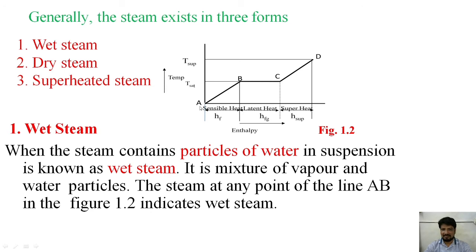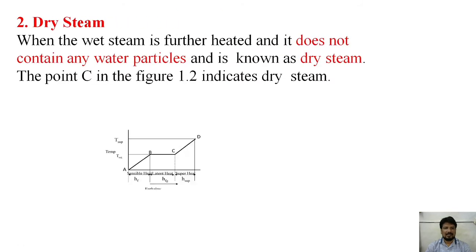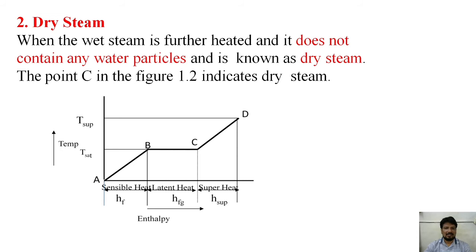Wet steam is A to B. The A to B line, which is represented in figure 1.2, indicates the wet steam, which contains water particles in suspension. Then the dry steam: when the wet steam is further heated, it does not contain any water particles.